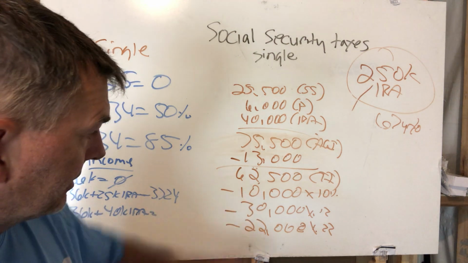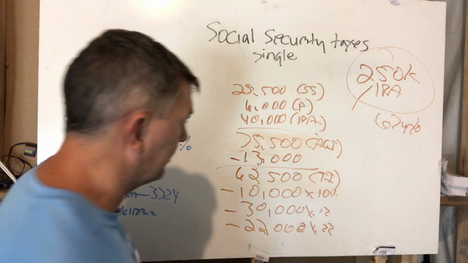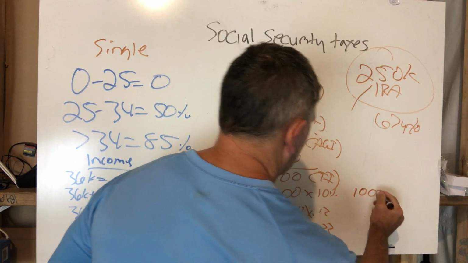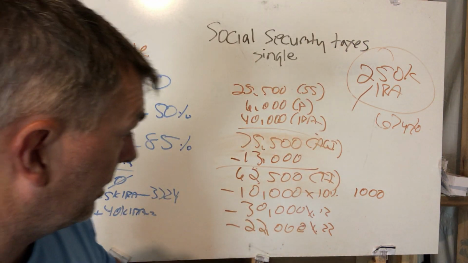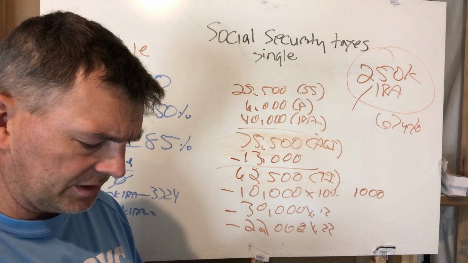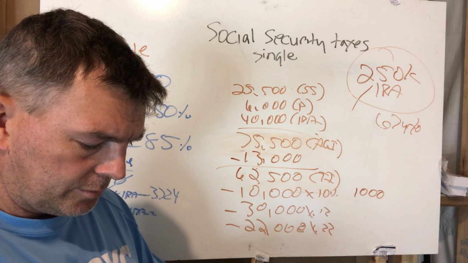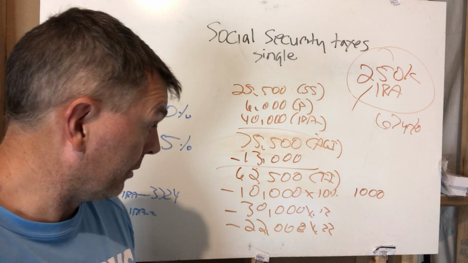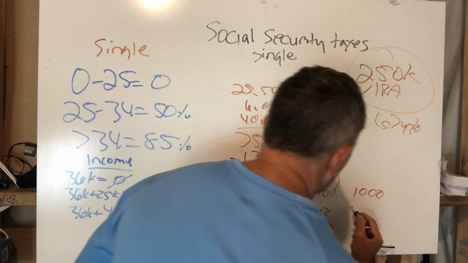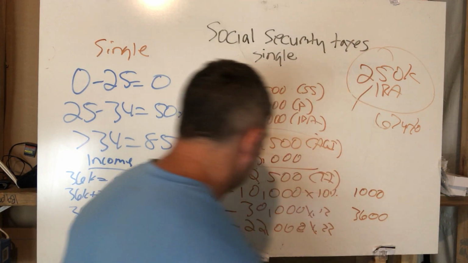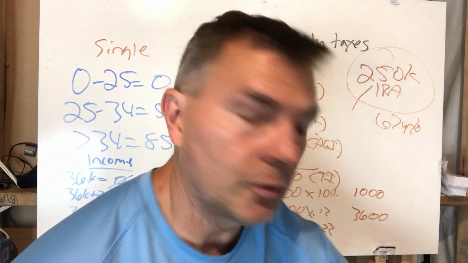So the first 10,000 at 10% is $1,000. Now we do 30,000 times 0.12. Is that 1,600? Oh, 3,600. Wow, that was way off. Now we have 22,000 times 22%.